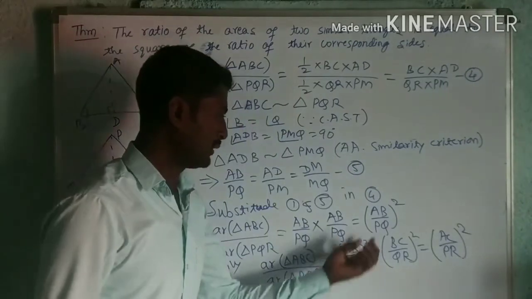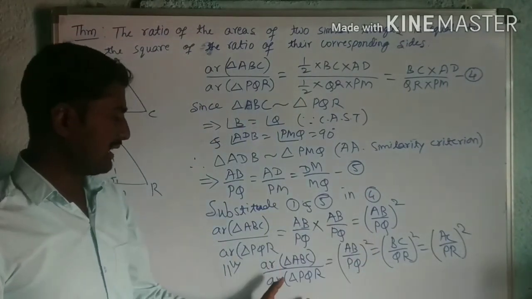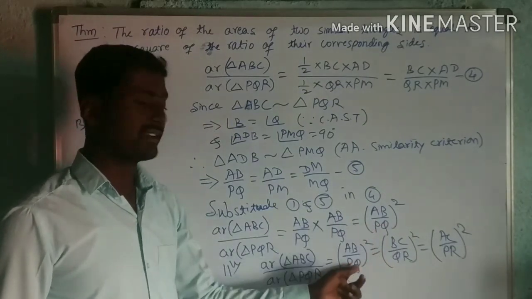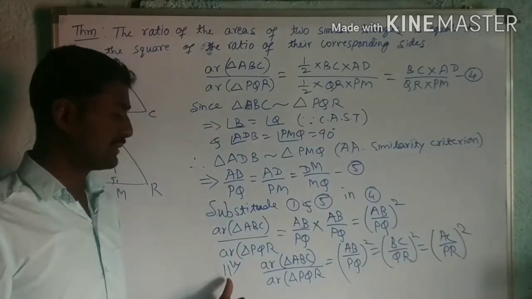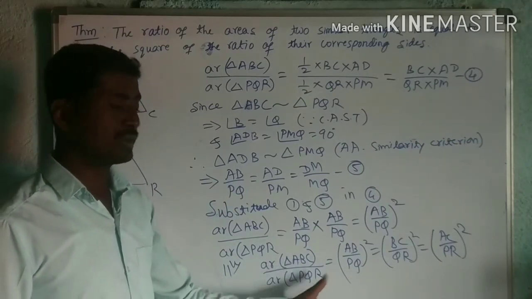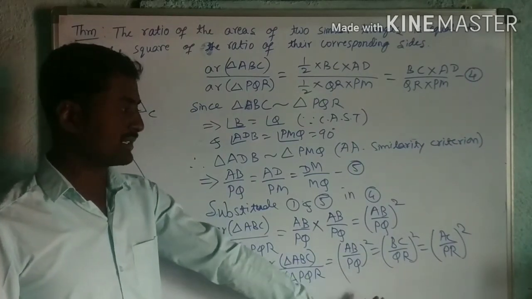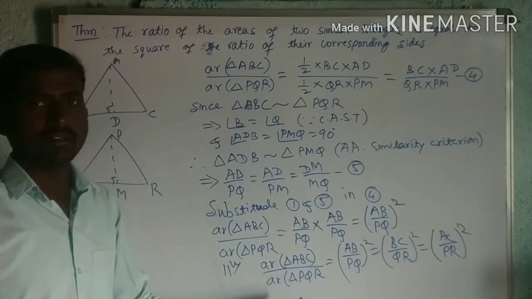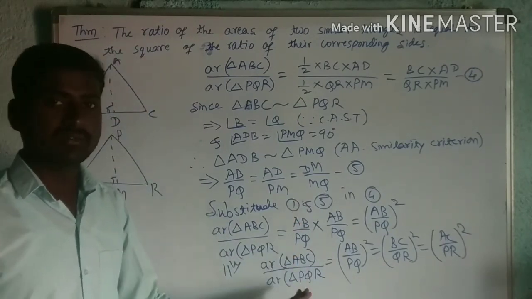Up to here you prove; then directly I can write the remaining two, no need to prove them, because we already proved one side. Hence proved. This is very important. They will ask this for 4 marks or sometimes 5 marks also.